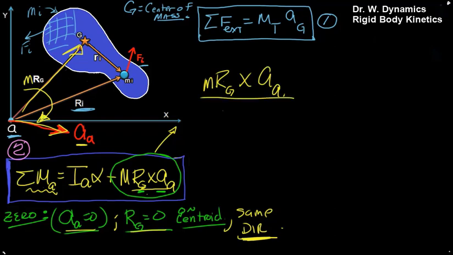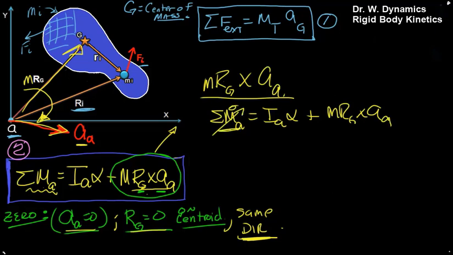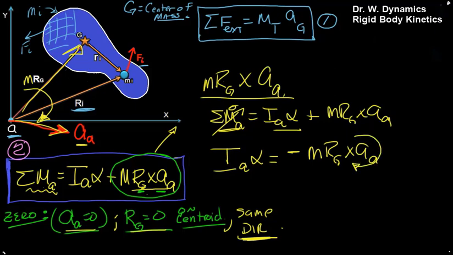However, the full equation says that the sum of the moments about A is IA alpha plus mRg cross A of A. And we're saying this is 0. There's no moments. So IA alpha will be equal to negative mRg cross A of A, which we saw over here would act in this direction, but this negative will reverse that.